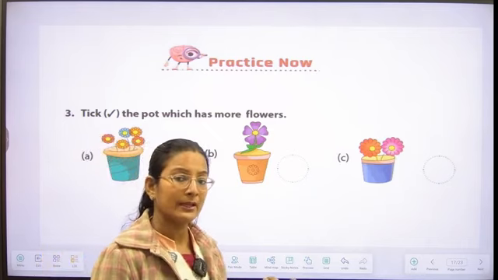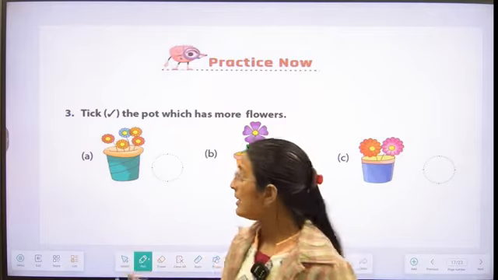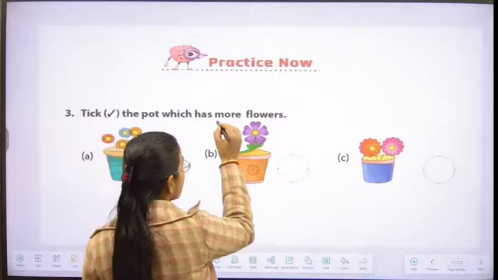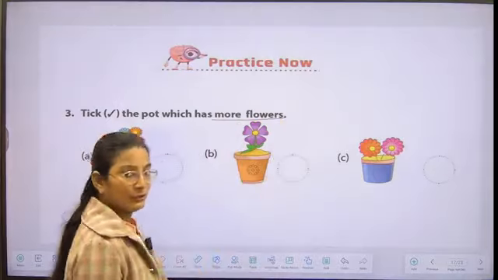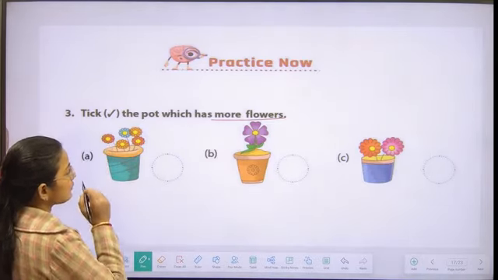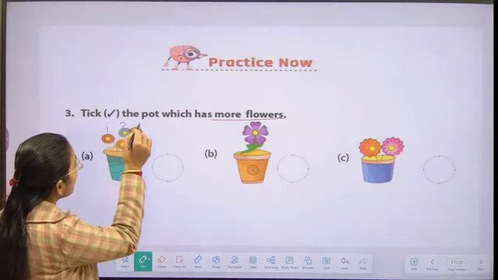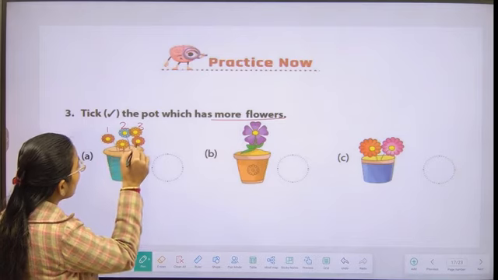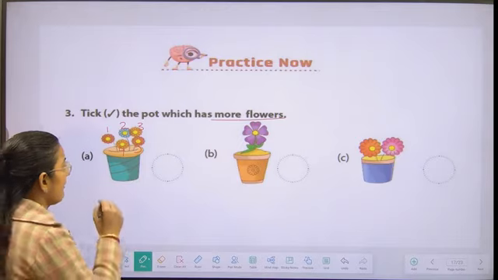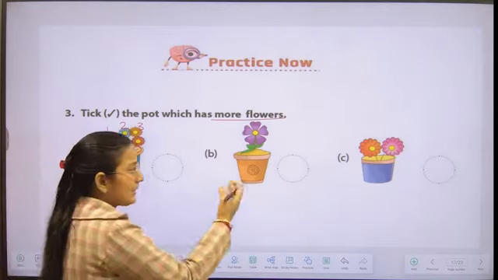We have to tick that pot which has more flowers. हमें उस वाले पॉट को टिक करना है जिसमें सबसे ज्यादा फ्लावर्स है। कैसे फ्लावर्स है? मोर फ्लावर्स। So let's count with me. जो फर्स्ट पॉट है किड्स, उसमें कितने फ्लावर्स हैं स्टूडेंट्स? 1 2 3 4 5। फर्स्ट पॉट में we have how many flowers? We have 5 flowers.